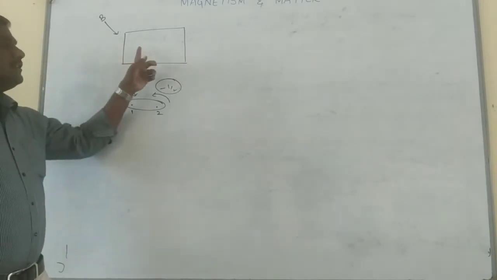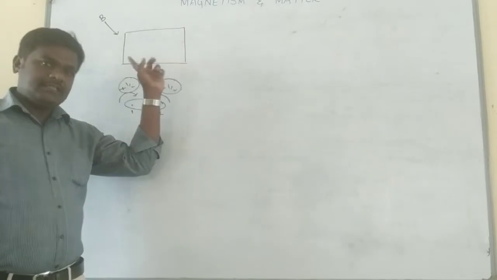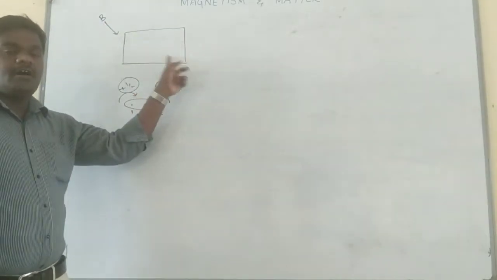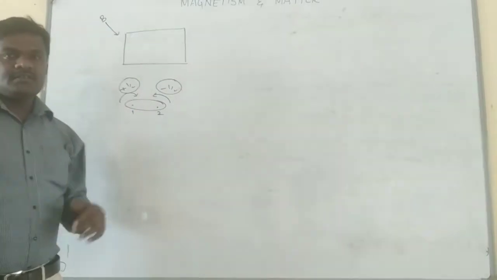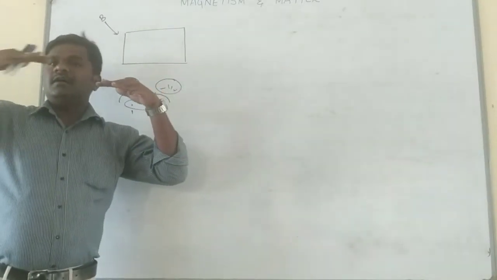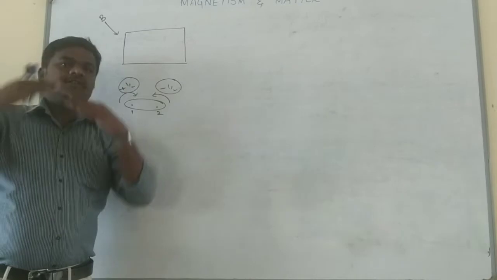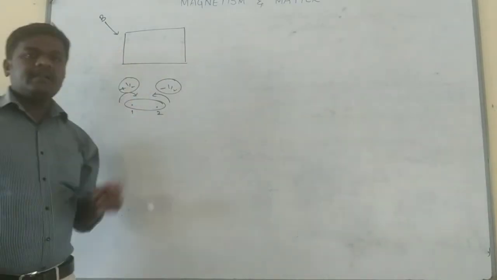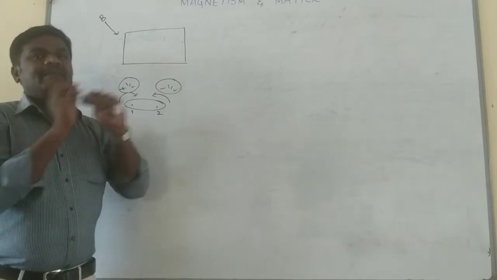I repeat, the induced magnetic field in the sample, after applying the magnetic field, will be opposite to the applied field. Since the applied field and induced field are opposite, in the presence of the external magnetic field, diamagnetic materials will get weakly repelled.